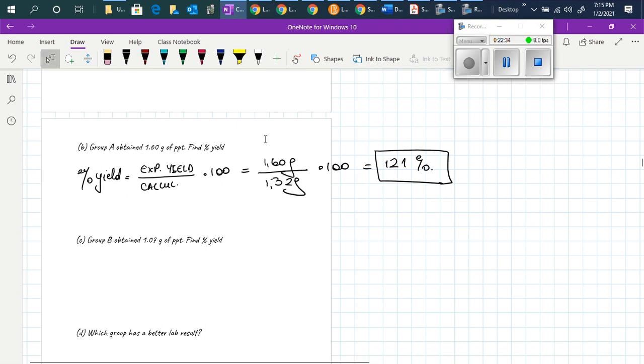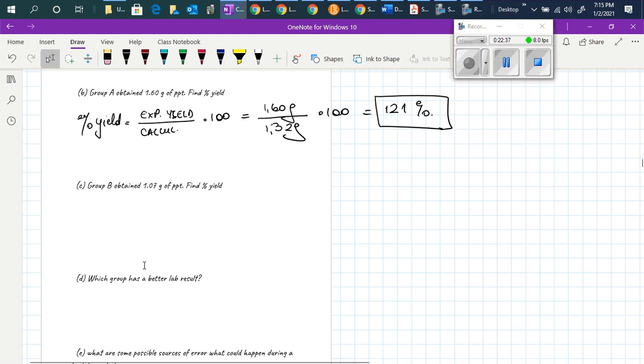And group B obtained 107 grams of precipitate. So percent yield is experimental value over theoretical or calculated value times 100.